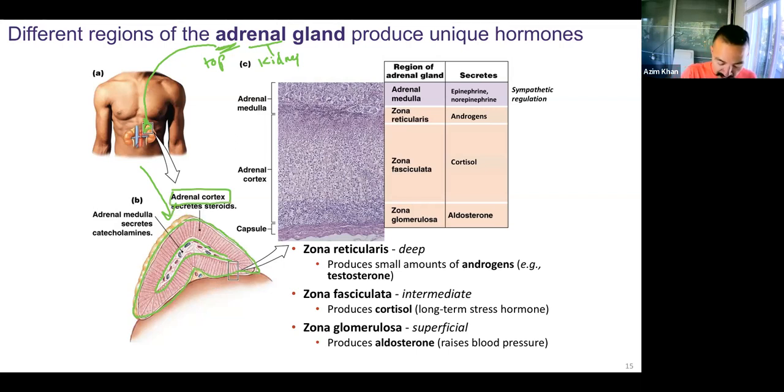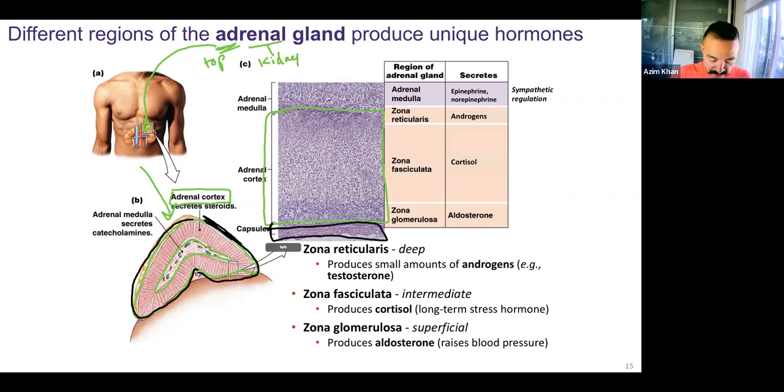When we look at the histology, here is the portion relating to the adrenal cortex. The very outside, like the outer protective layer, that's called the capsule. We'll get to that later. We'll actually get to it right now.